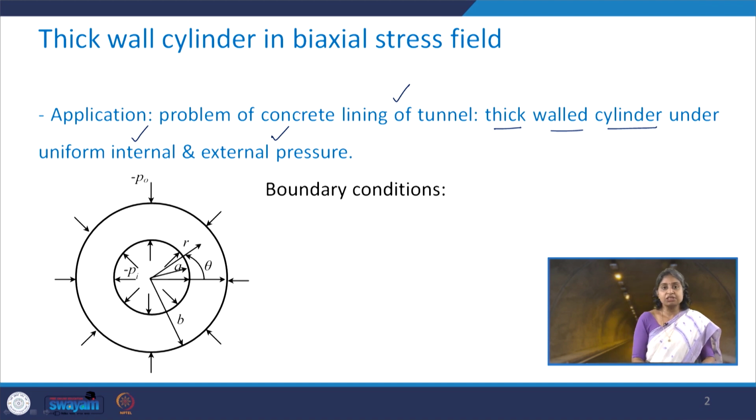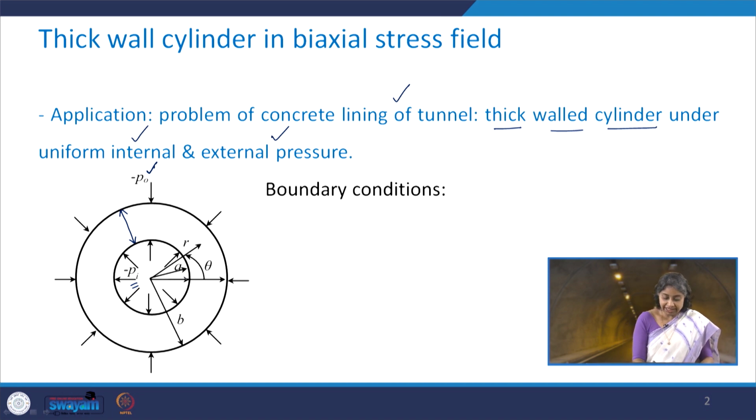This has been shown here with the help of this figure: the thick walled cylinder with this as its thickness. It is subjected to an internal pressure Pi and an external pressure Po. And you can see that I have put a negative sign representing the compressive nature of these pressures.